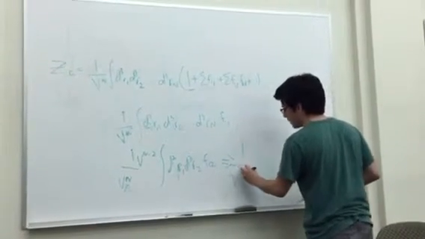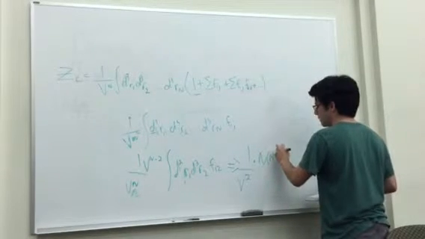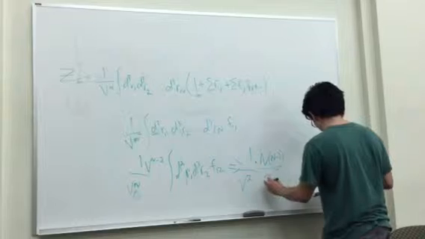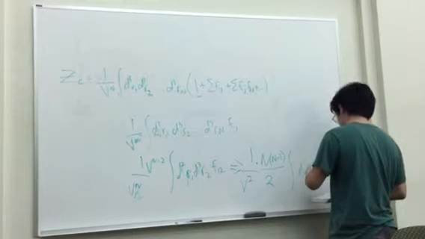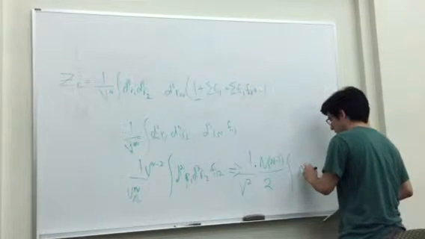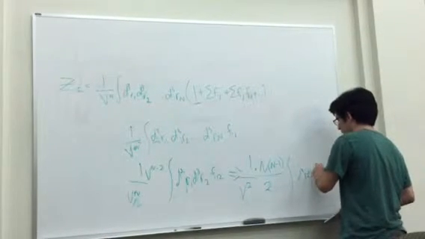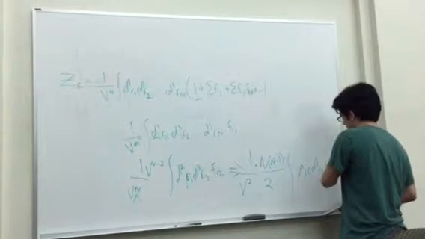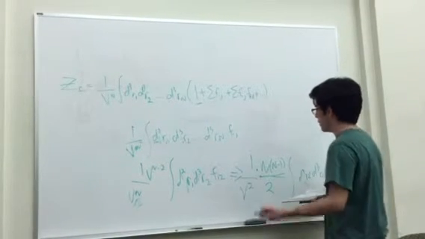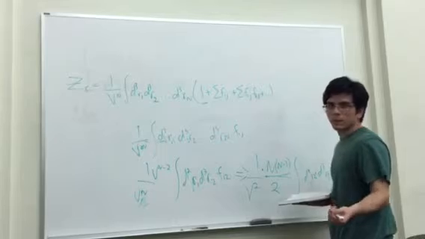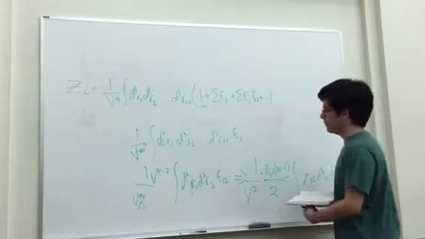We'll cancel out the n and have 1 over v squared times 1 half times n times n minus 1, times the integral d3r1 d3r2 times f1,2. Where this n times n minus 1 over 2 is just the number of distinguishable pairs. So basically like 1, 2, 1, 3, and then that's the same thing as f2,1.